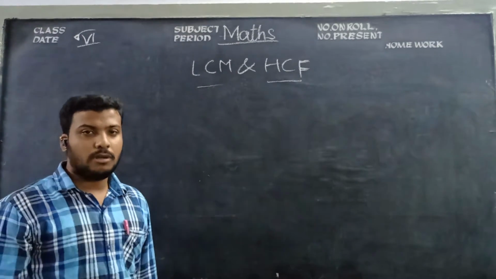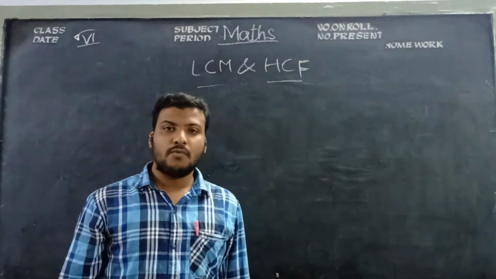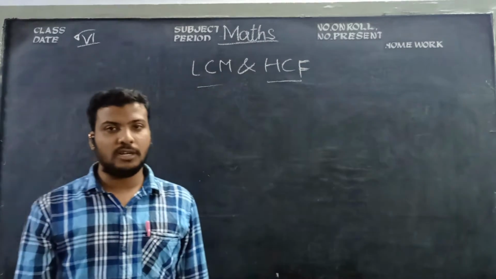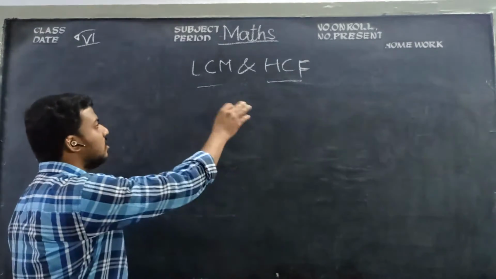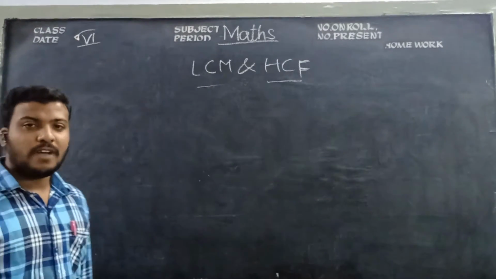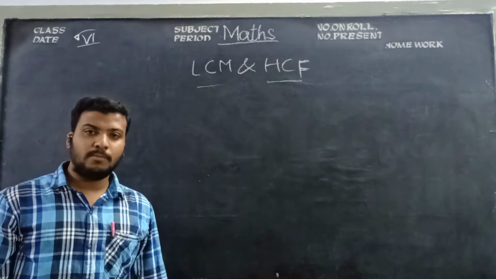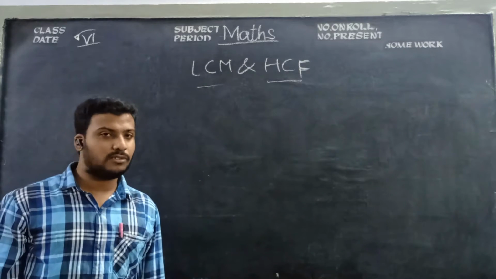In this chapter, from basics onwards, we'll cover all the topics children. We are also going to discuss briefly about LCM and HCF, prime factorization concepts, divisibility methods, and factorization concepts.